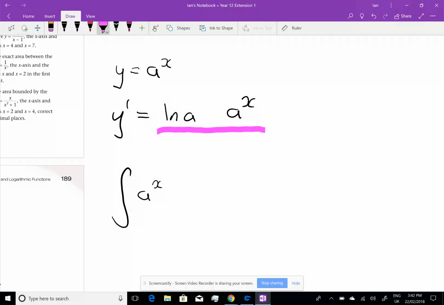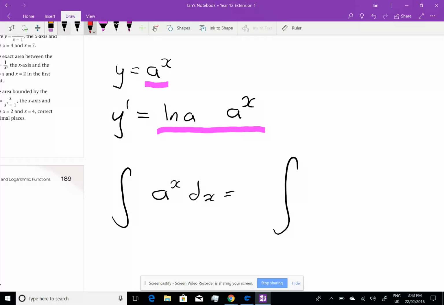It'd be good if we had ln a times a to the x, because the integral is just a to the x. But I don't have that. But that's okay, because for the integral of a to the x dx, I can do a bit of hokey pokey.